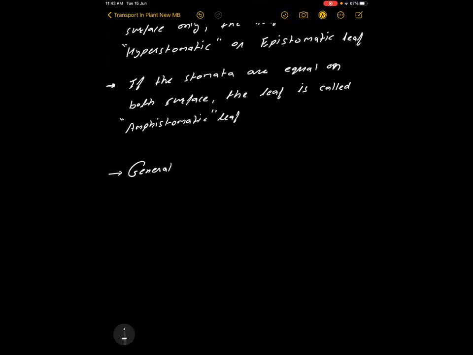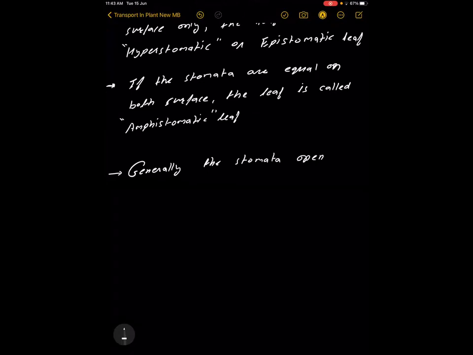So generally the stomata open in day and are closed during night.